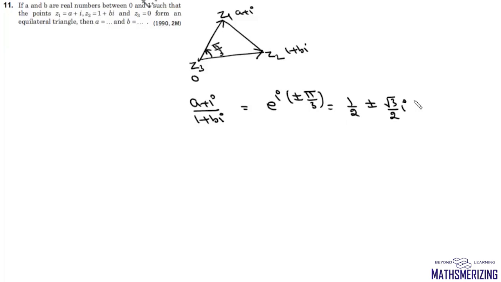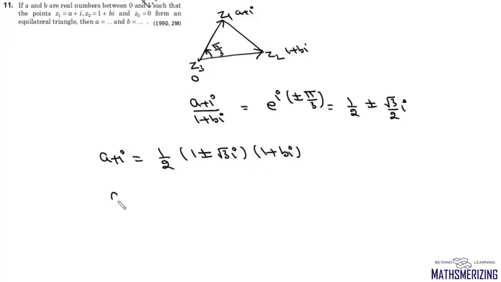Now we'll cross multiply. So we can write a + i equals 1 by 2 times (1 plus minus root 3 i) into (1 + bi).